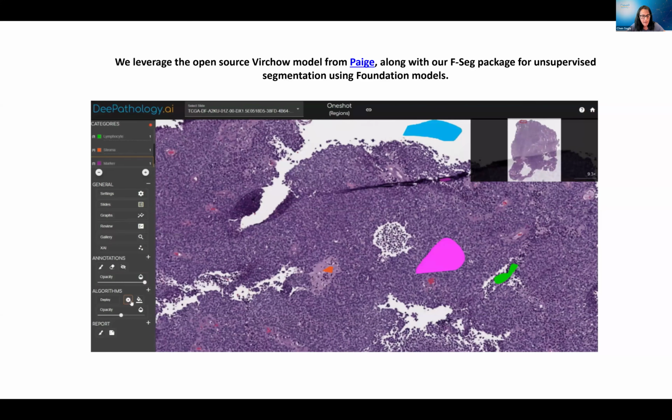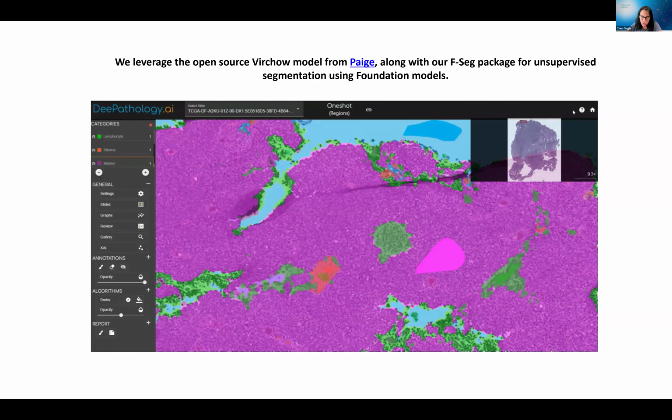Okay, and now let's run it. Again, it's a fast forward, but what's nice about this is that we only retrained things to take the information from Paige's Virchow model and enable the segmentation task.